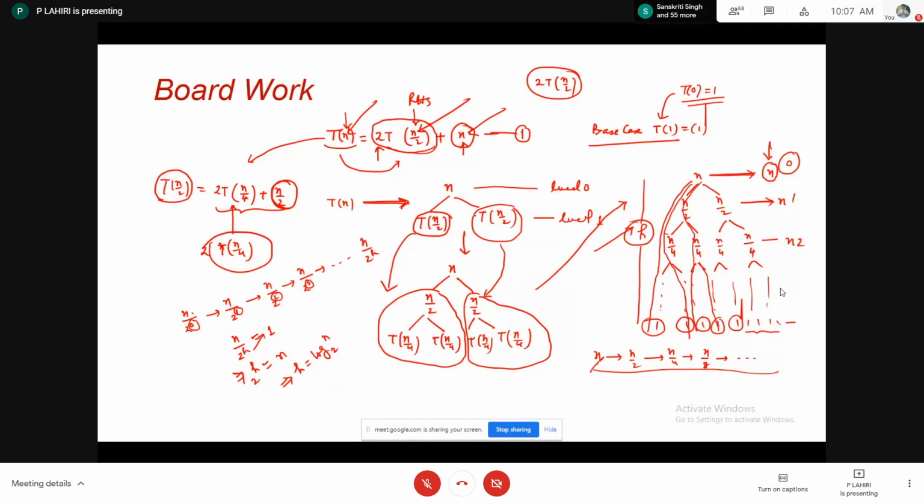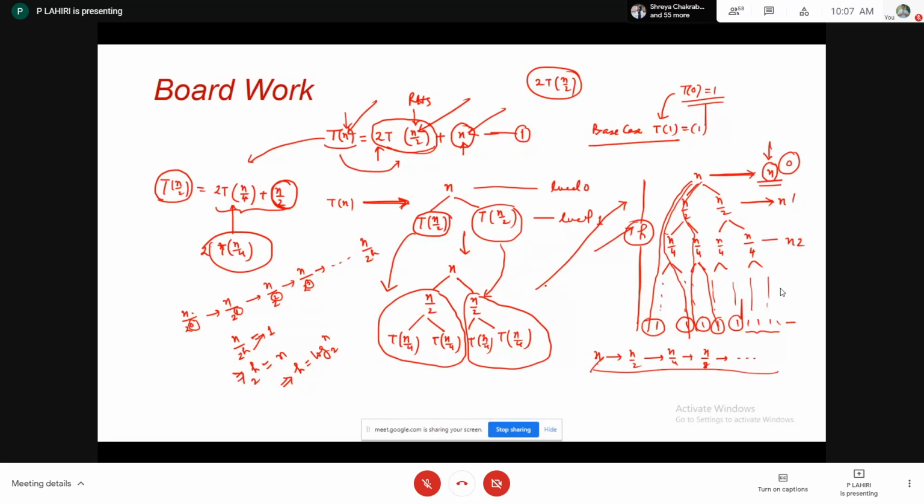So you have two parameters: the sum of the value at each level, and the total levels you have already calculated. Can anybody tell me what will be the total cost?